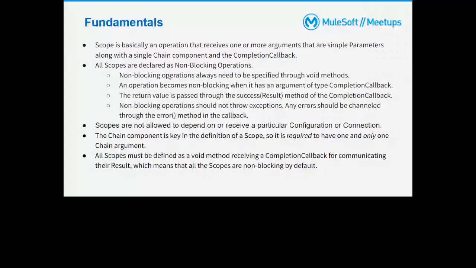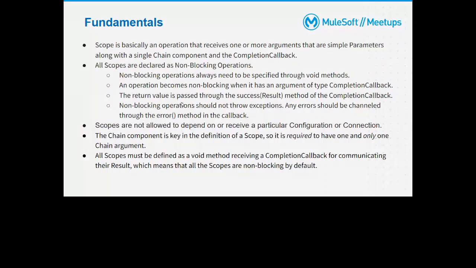All scopes are declared as non-blocking operations. Non-blocking operations always need to be specified through void methods. Then, when it has an argument of type completion callback, it has a return value. And unlike your connector, your scope doesn't return an error.